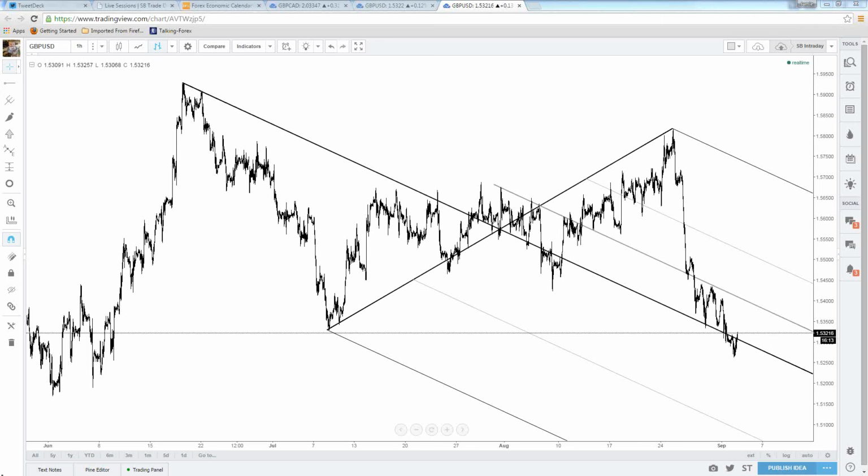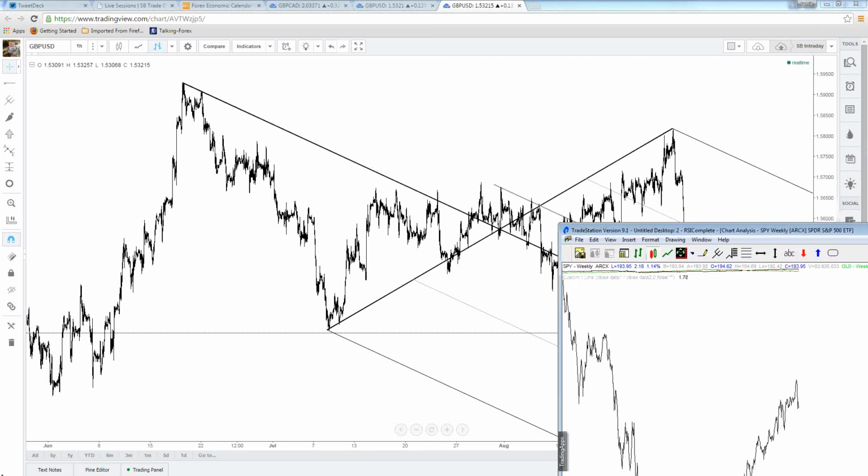So here is the pound. All right, so here's pound Aussie against the gold.